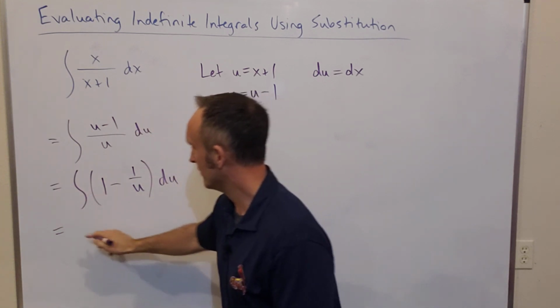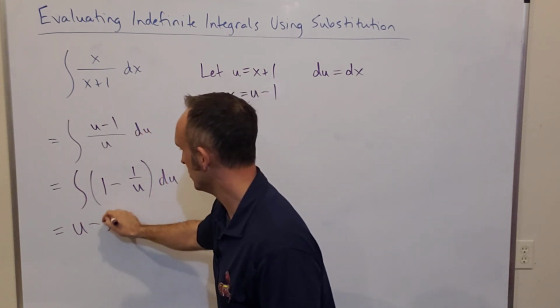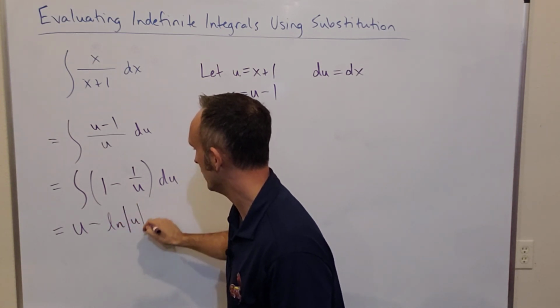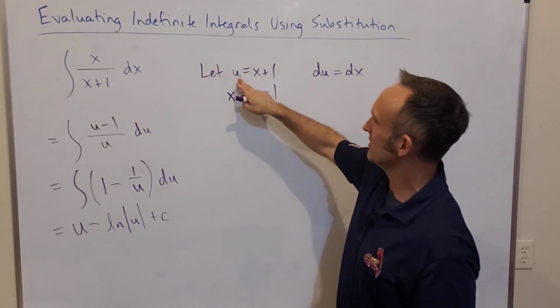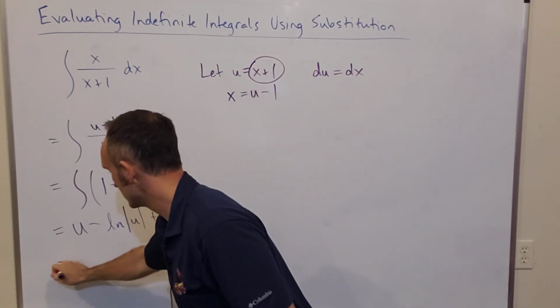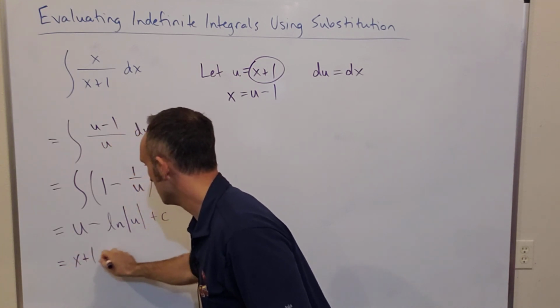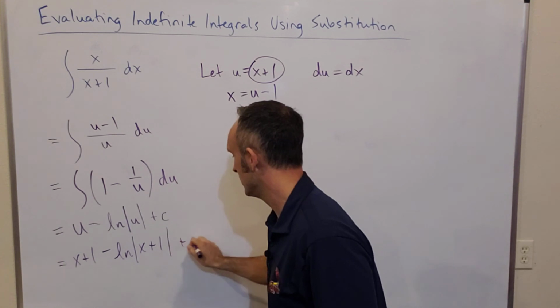So the antiderivative of 1 is u, minus the antiderivative of 1 over u, which is the natural log of the absolute value of u, plus a constant. So now I can replace my u's back with x plus 1's. So this turns into x plus 1 minus the natural log of the absolute value of x plus 1 plus our constant.